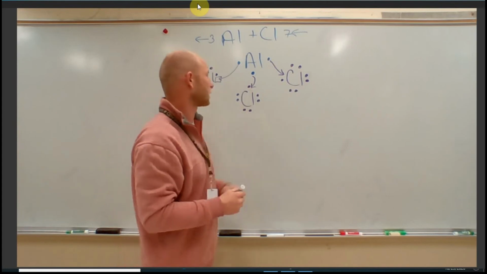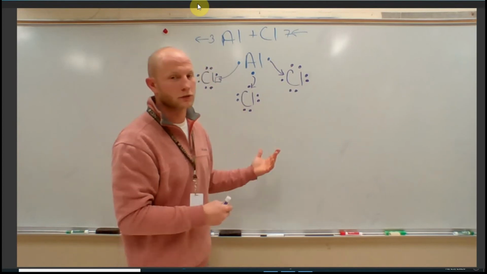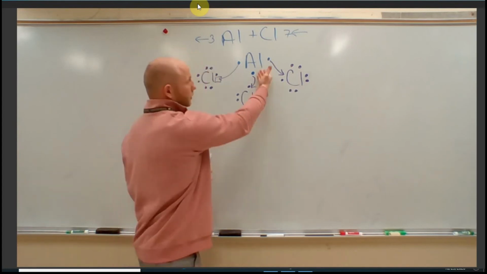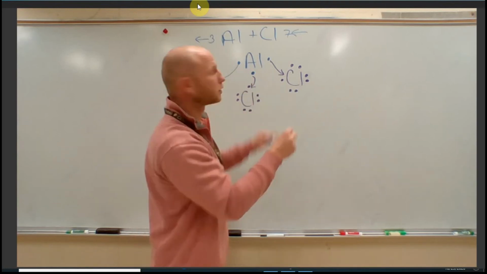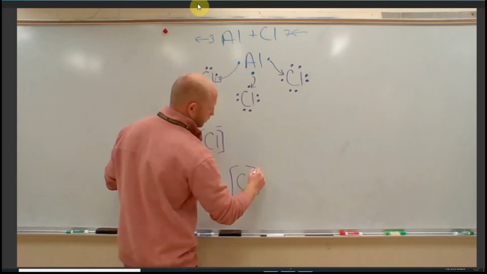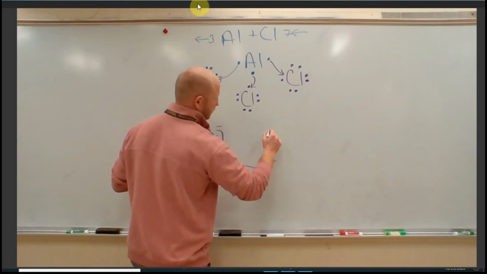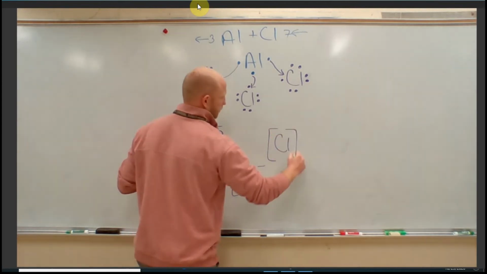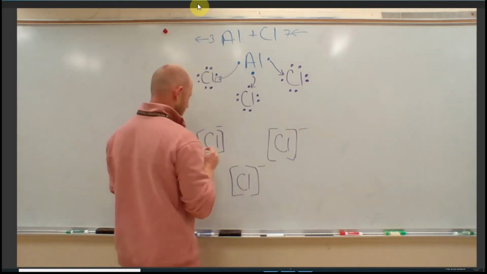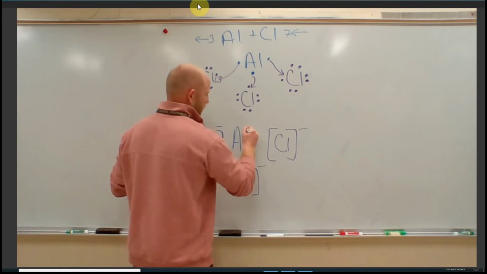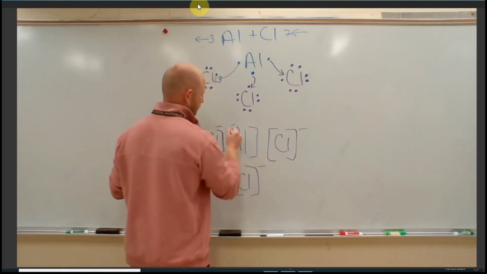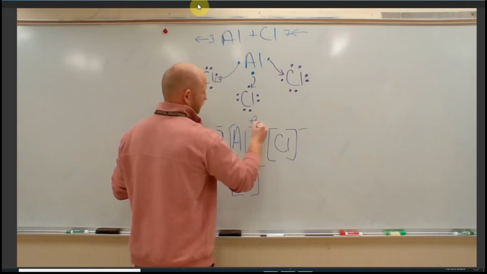Okay, so again, how's this going to look? We have 3 here, so it's going to look a little different. So aluminum, all 3 of these chlorines are still individually bonded to aluminum. Negatively charged, and then we have our aluminum, which is +3.